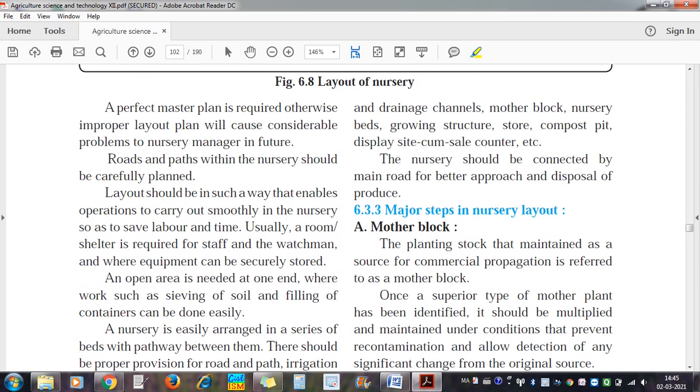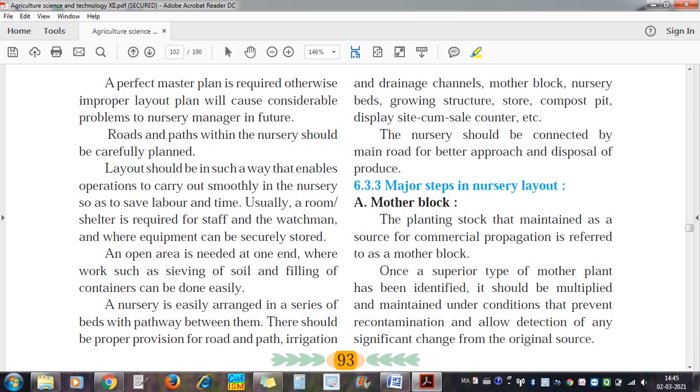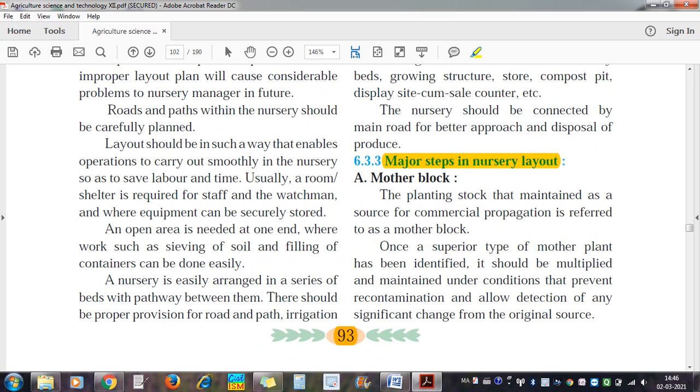Then come to the major steps in nursery layout. The most important thing is the mother block. Here mother block means planting stalks or mother stalks, which are very important for propagation. They are kept at a place that is called the mother block.